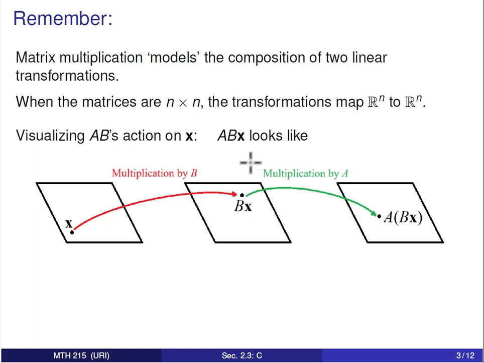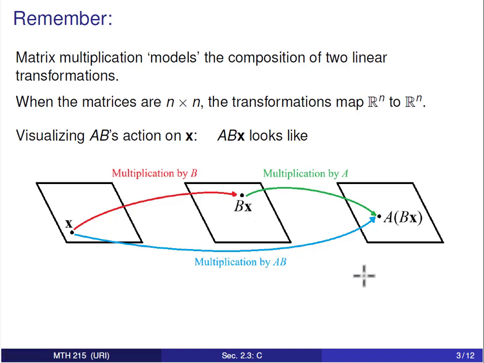But when we define what multiplication of matrices looks like, what we're shooting for is a definition of matrix multiplication that would take this vector x, and immediately, when I multiply by that product, produce the same result as the two steps, multiplying by B followed by A.